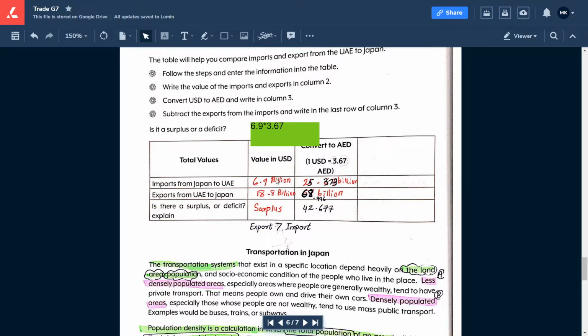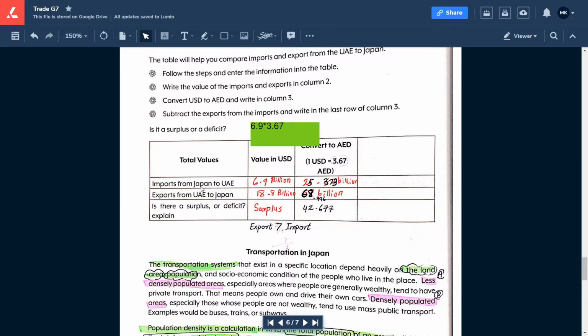We are going to multiply this by 3.67. If we multiply it, we're going to have 25.323 billion. Here the same: we want to change from USD to AED, multiply it by 3.67, and the result is 68.996 billion UAE dirhams.